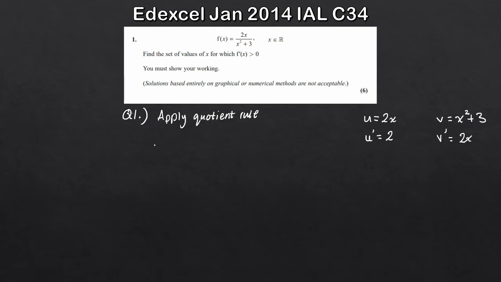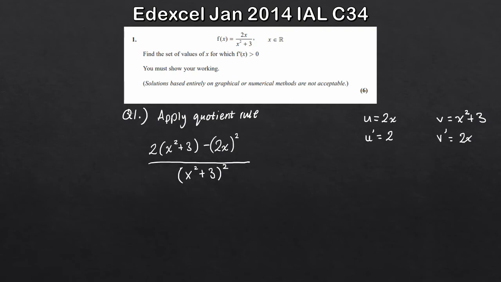So doing that, that's 2 lots of x squared plus 3 minus 2x times 2x. So minus 2x all squared. And we divide this by v squared, so x squared plus 3 all squared. Like so.